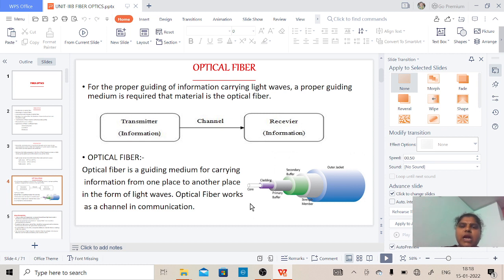That material medium is a fiber which acts as a channel. So optical fiber is a guiding medium for carrying information from one place to another in the form of light waves. Optical fiber works as a channel in communication.